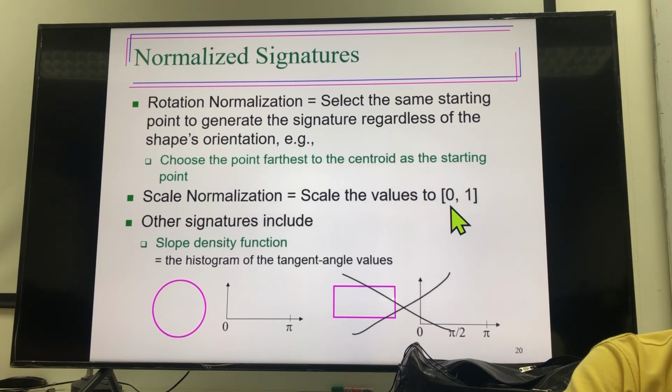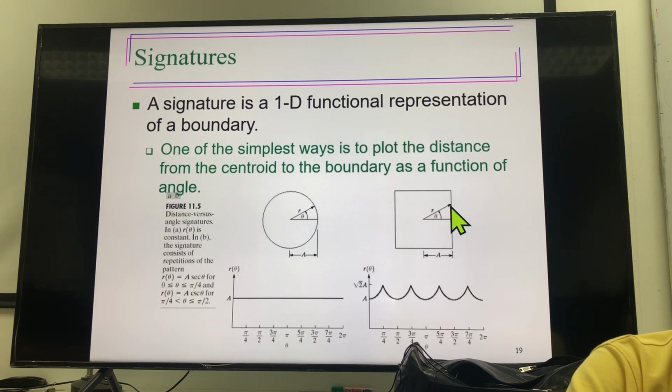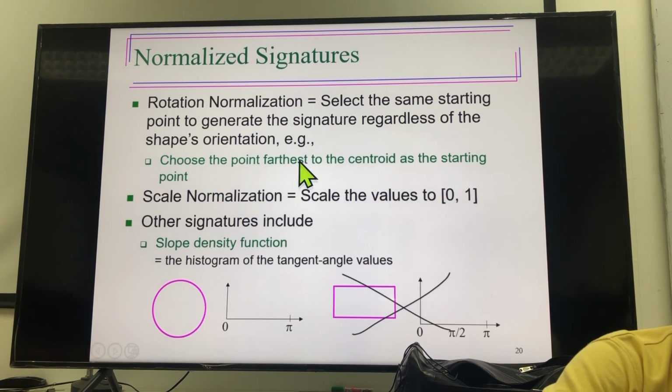Normalize the signature. You can normalize the signature to handle shape rotations. Rotation normalization means you select the same starting point to generate the signature regardless of the shape orientation. Usually we choose the starting point that's furthest from the centroid.